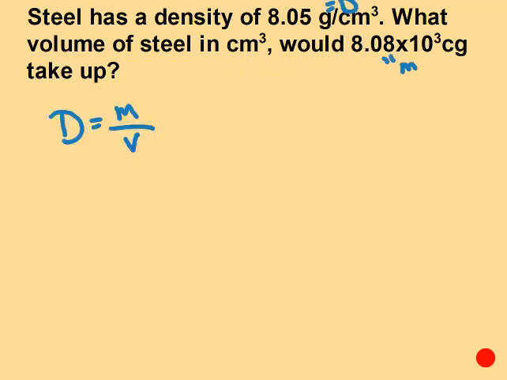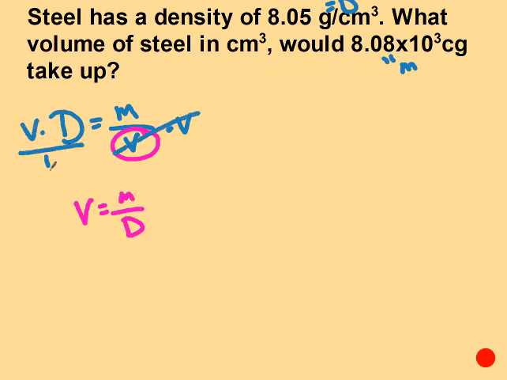So just like before, we know our density and we know our mass. We're looking for volume. So rearranging like we did earlier, we get mass over density. We get that by multiplying by volume and then dividing by density. So I plug my mass in on top.